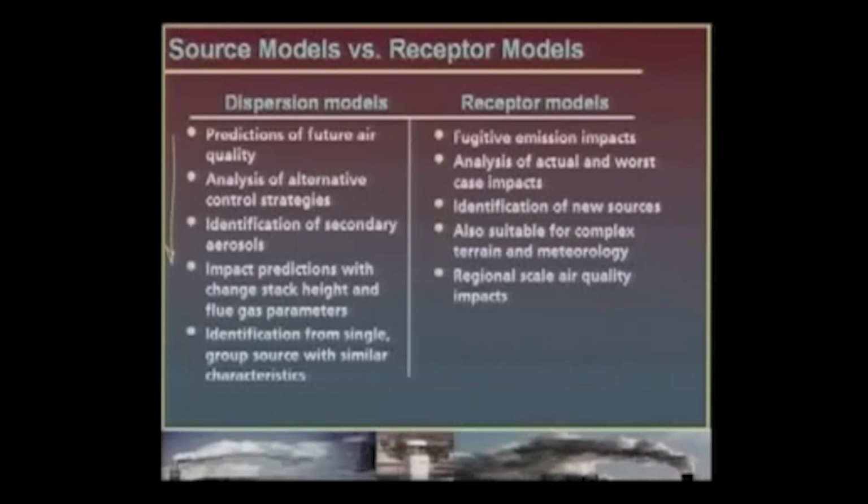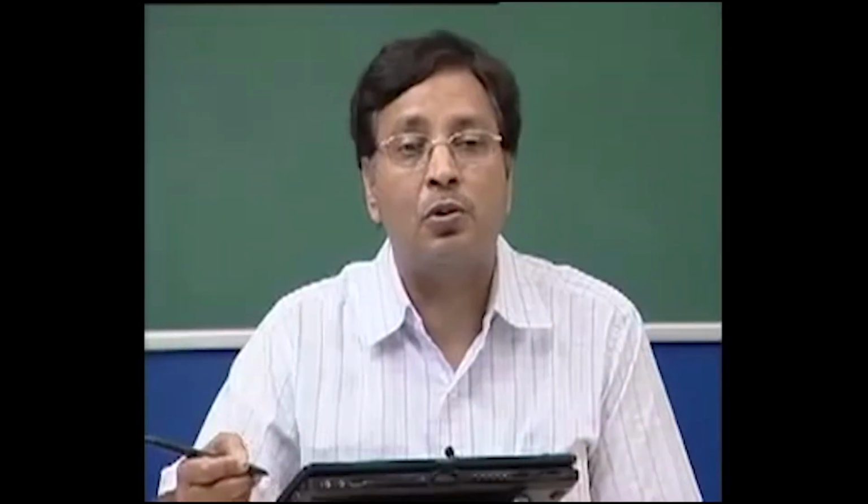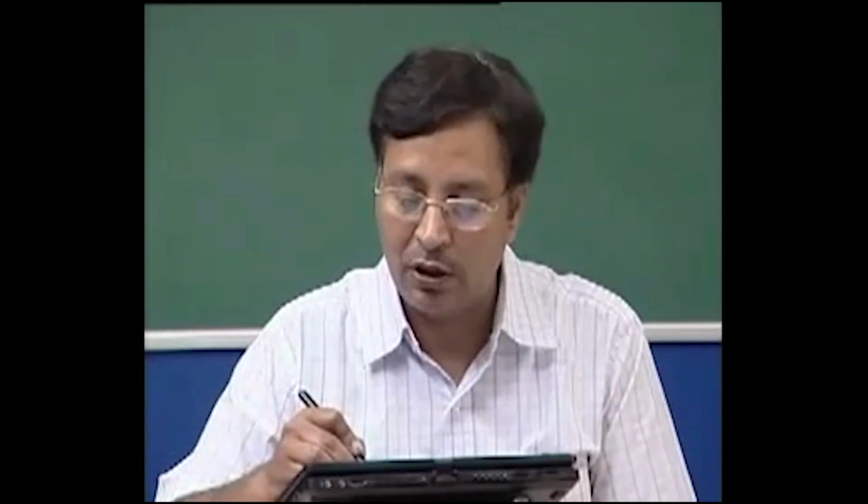Prediction of impact with change in stack height and flue gas parameters can be done. Identification from a single group source with similar characteristics can be done. Whereas with the receptor model, physical impacts can very well be considered, because we don't even need to know the physical location of the source where it exists. We can still tell. Analysis of the actual and worst case impacts.